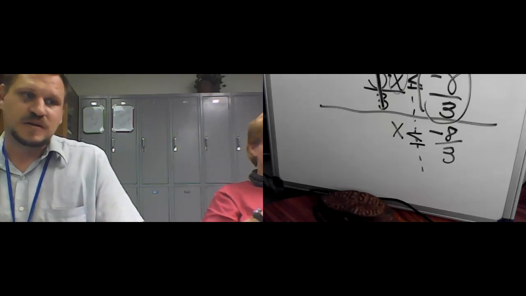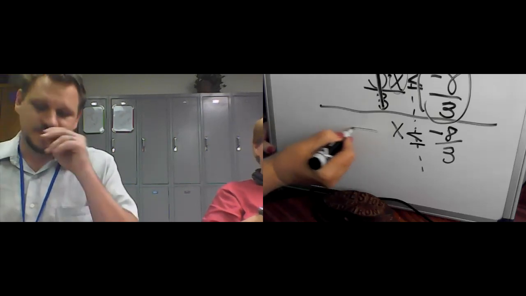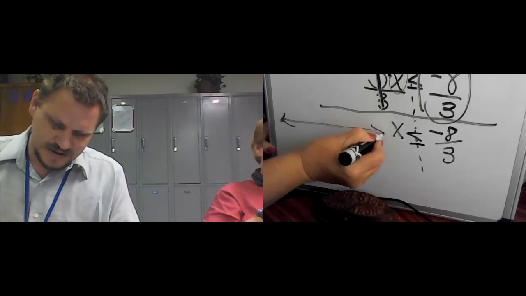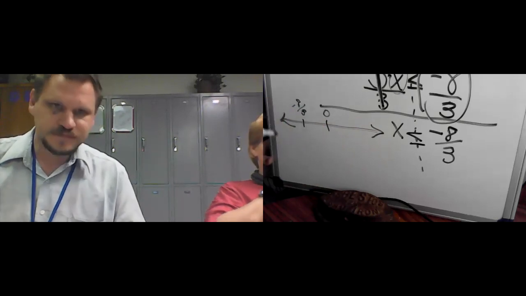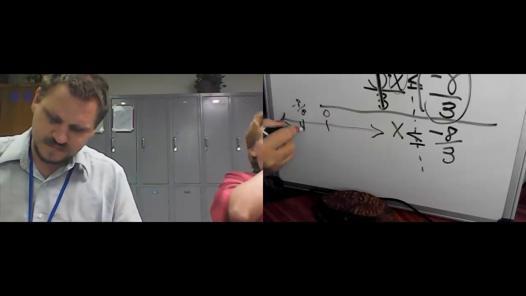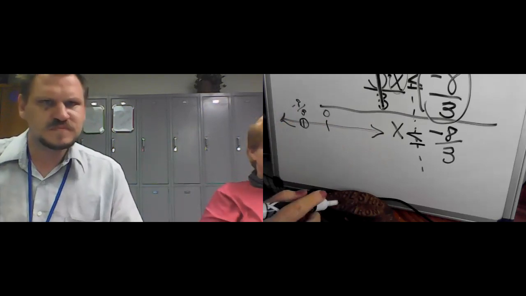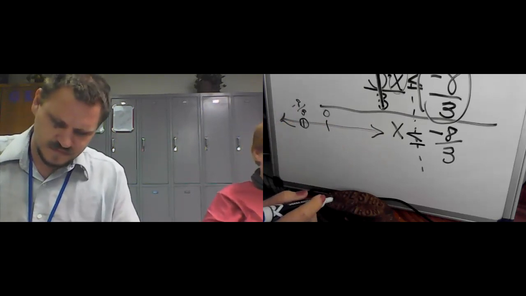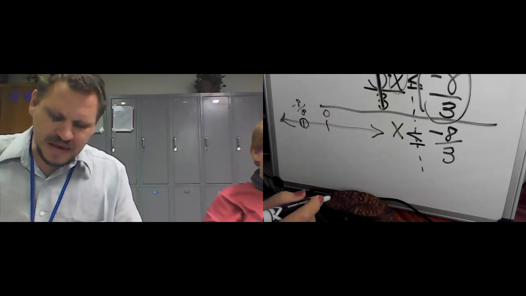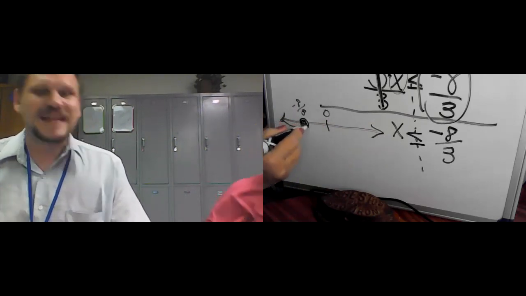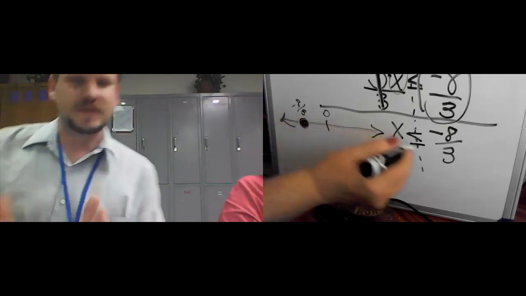So in this case, I believe we graph zero and -8/3, circled in with the number. Is it colored in or not? It would be, because of the simple fact that it's equal to it.